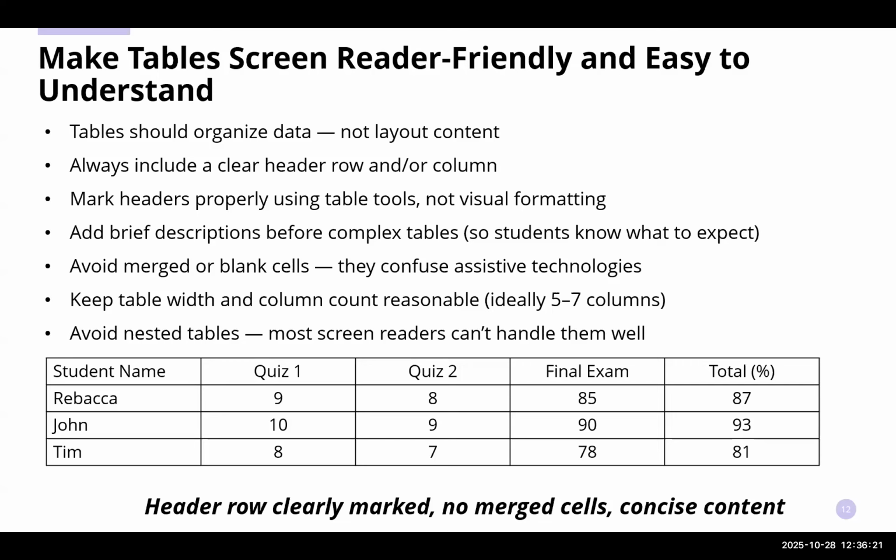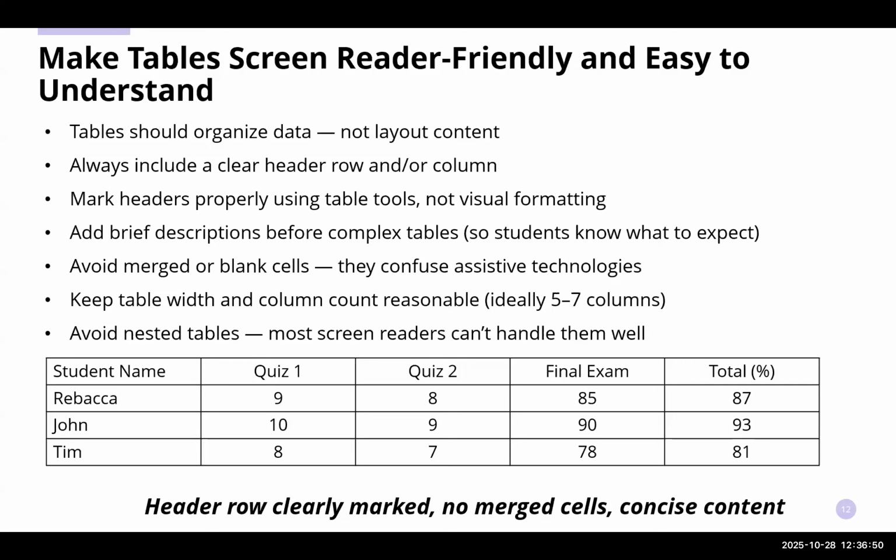Make sure to keep your table a reasonable size, ideally 5 to 7 columns, and avoid nesting tables inside one another, because most screen readers really struggle with nested structures. Also, if your table contains images, charts, or special formatting, make sure to provide descriptive alternative text or captions.